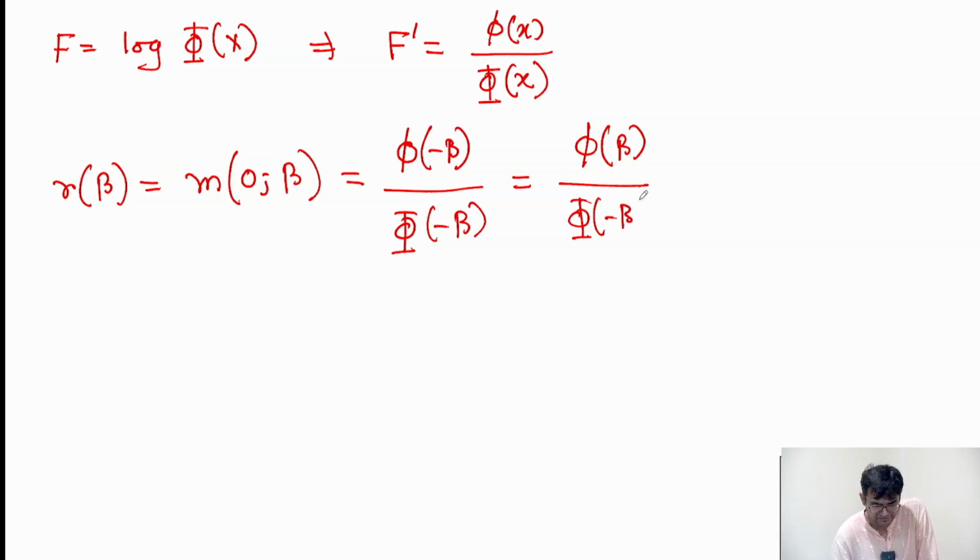We could do the numerator switch because of the symmetry of the standard Gaussian about the y-axis.